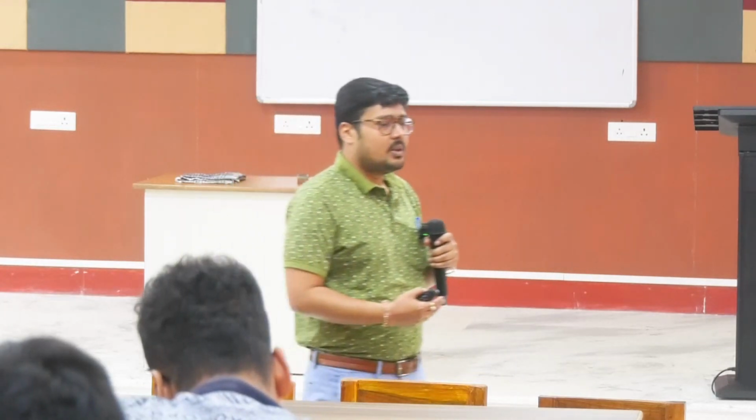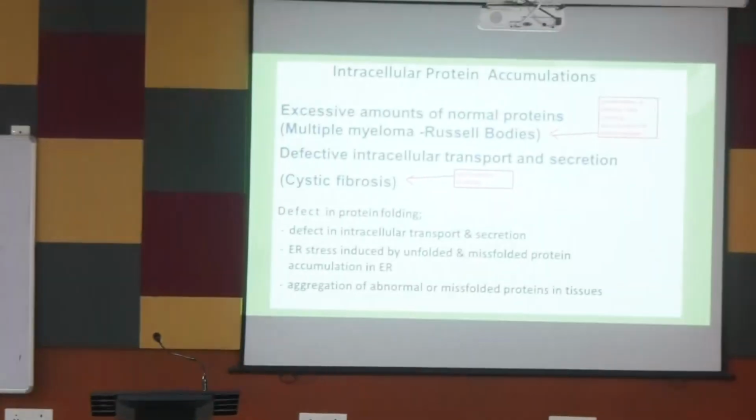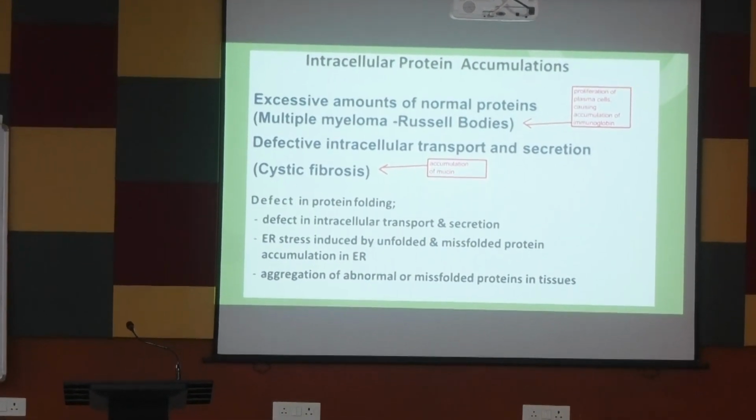So the excessive amount of immunoglobulin is deposited as cytoplasmic globules, commonly known as Russell bodies. Okay, I will show you the pictures later.